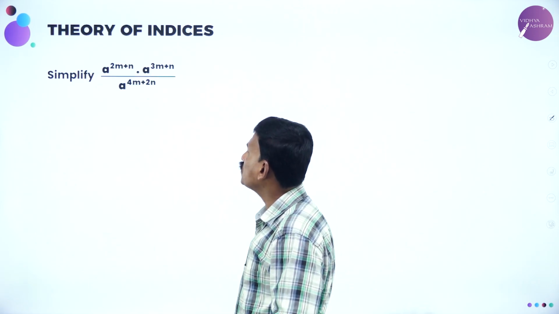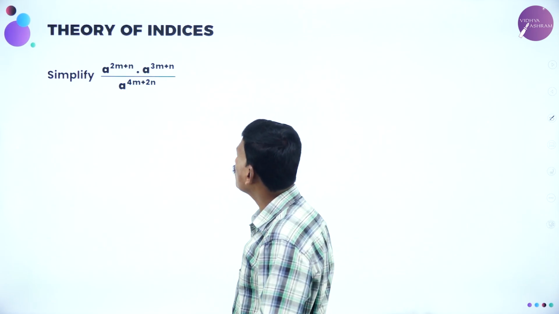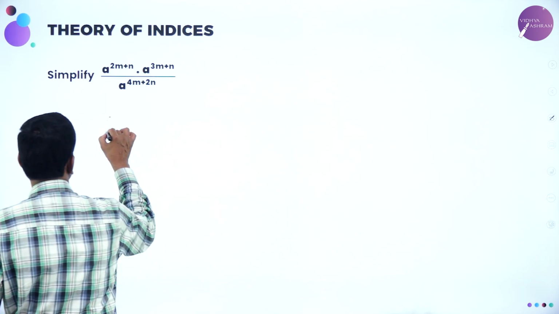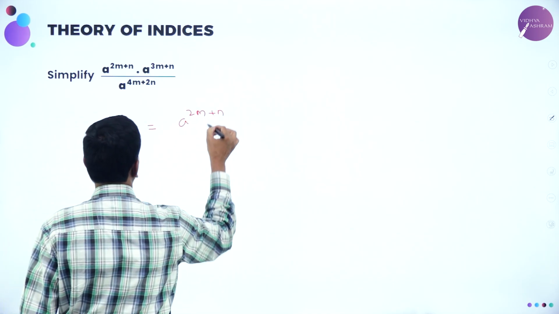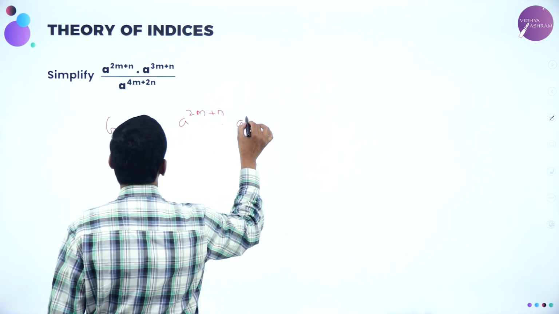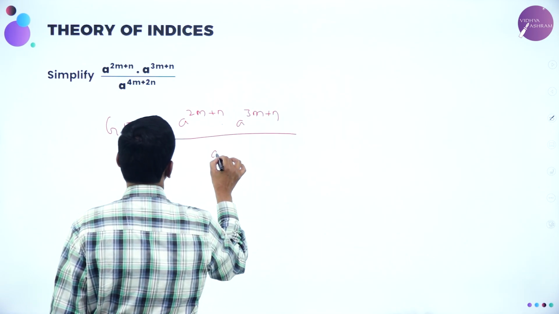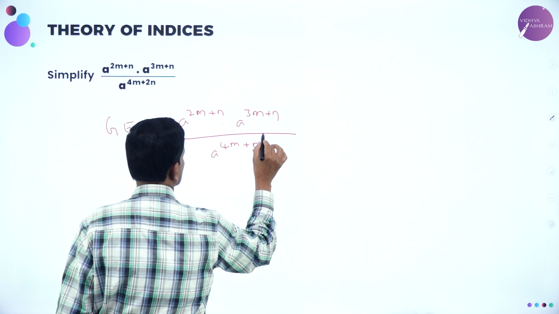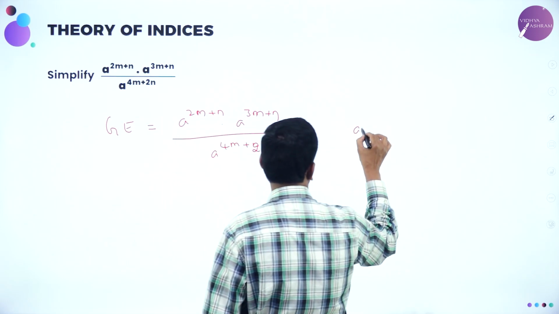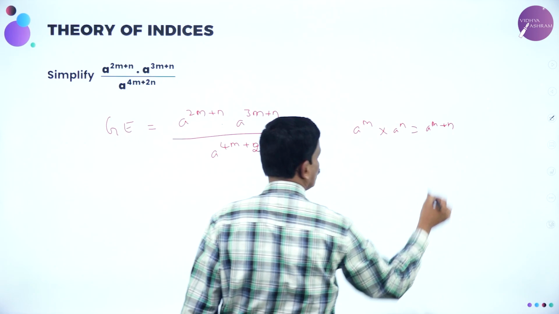Simplify a to the power of 2m plus n into a to the power of 3m plus n divided by a to the power of 4m plus 2n. So the given expression is a to the power of 2m plus n into a to the power of 3m plus n divided by a to the power of 4m plus 2n. Now here using the first law of indices, a power m into a raised to n is a to the power of m plus n.